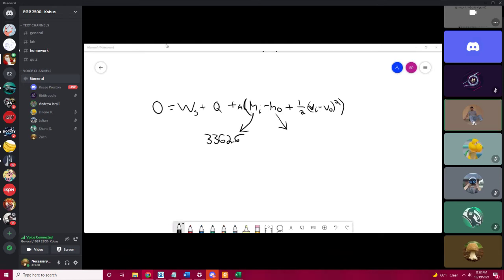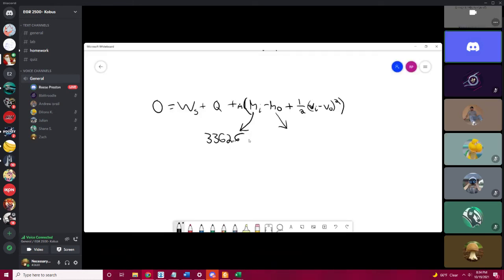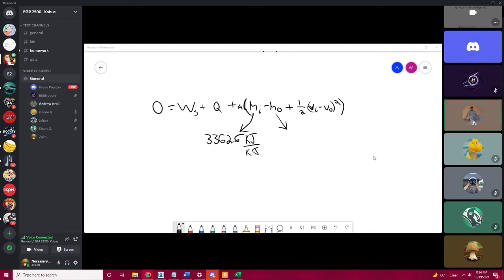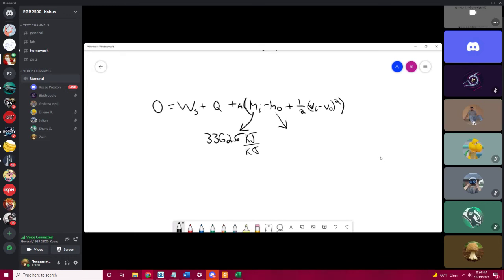So that one's 0.03. And this is in BTUs per... What unit is this? Kilojoules over kilograms. Okay, never mind. And then for the HO, it should be 2335.2.